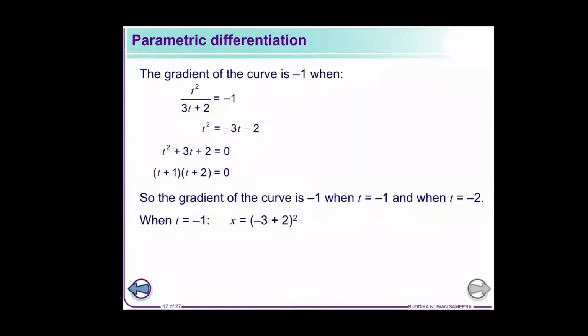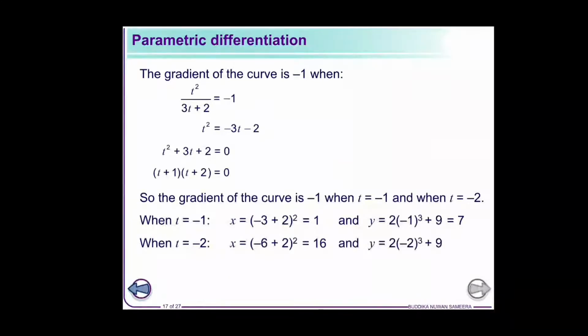When t equals minus 1, we can find the x coordinate, x equals 1, y coordinate, y equals 7. When t equals minus 2, x coordinate is 16, y coordinate is minus 7. So the gradient of the curve is minus 1 at (1, 7) and (16, minus 7).